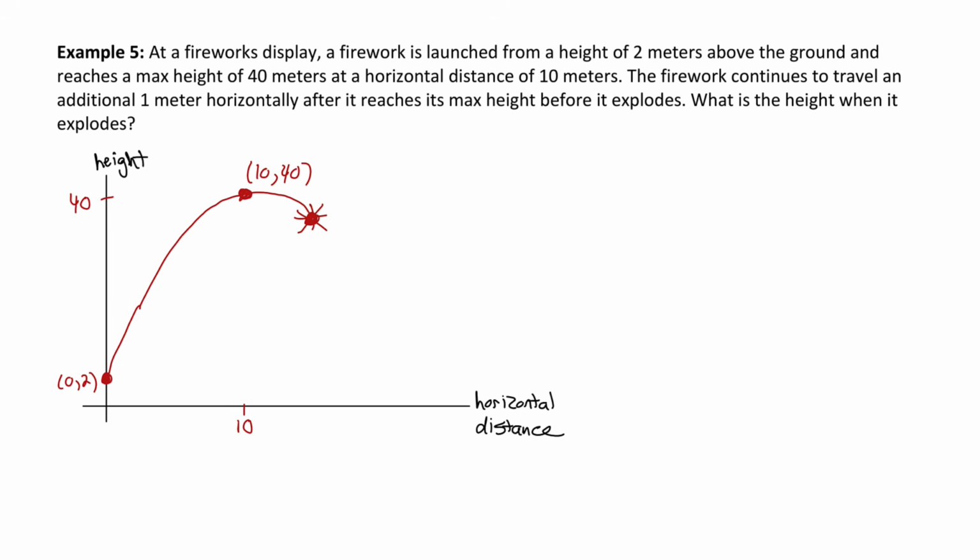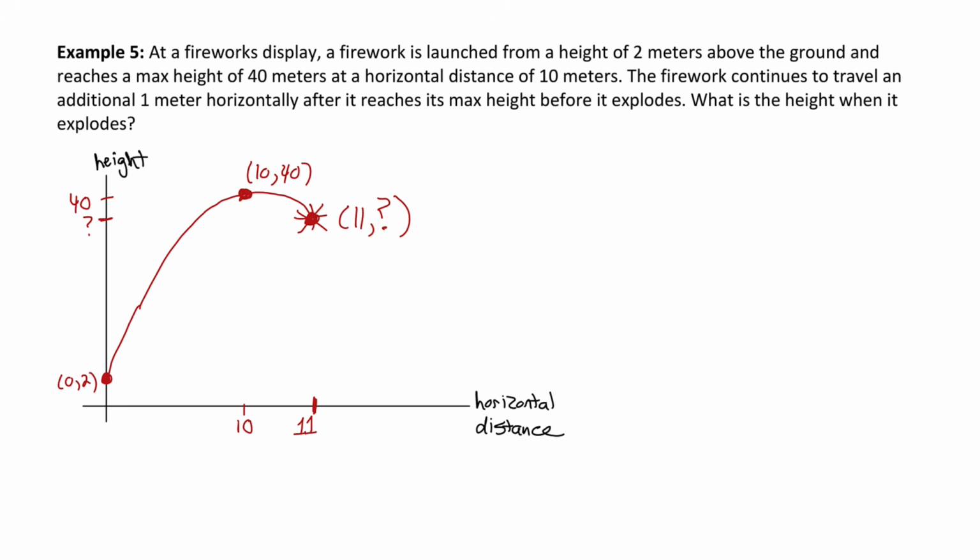It says, what is the height when it explodes? So I want to know, what is that height at the point where it explodes? Well, I know its horizontal distance. It says it goes 1 meter horizontally after the vertex, so its horizontal distance is 11. So this point is 11, something. Our goal is to just figure out that something, figure out the height of that firework when it explodes.